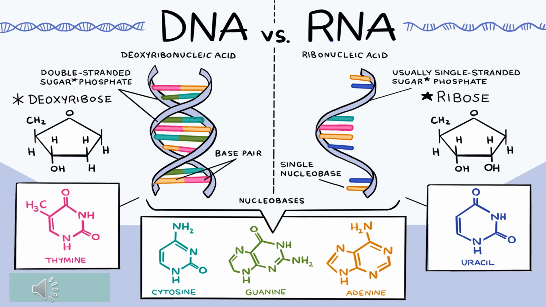It cannot happen that thymine makes a bond with guanine and cytosine makes a bond with adenine. It is not possible. This is the selective nature of DNA, and through this complementary base pairing, the double helical structure of DNA is maintained.